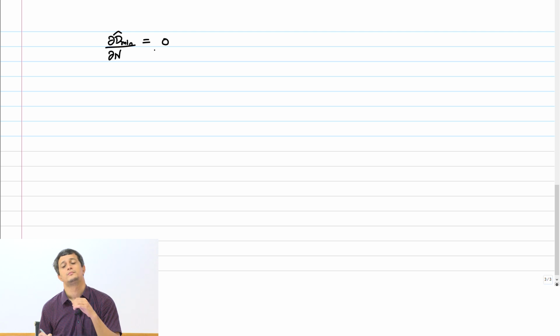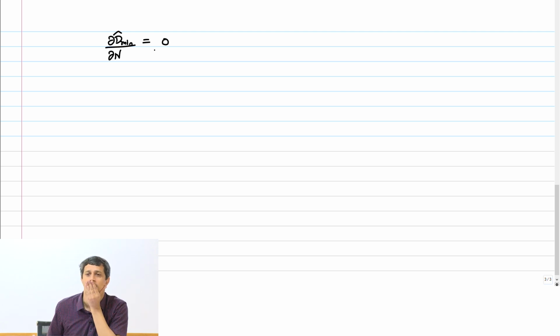So now I want to find the optimal number of inverters that I can add in the path which will make my delay an absolute minimum, right? So what do I do? Dou D min hat by dou N equal to 0. Correct?